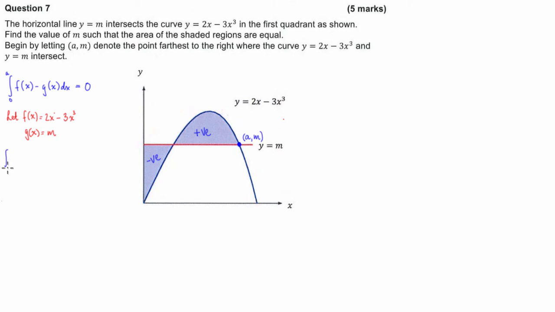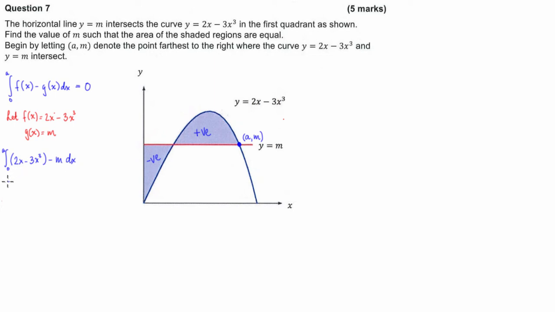So we have the integral from 0 to a of f of x, so that's going to be 2x minus 3x cubed, and then from that, take away m. Then we obviously have dx on the back. Cool. So let's just do this integral.